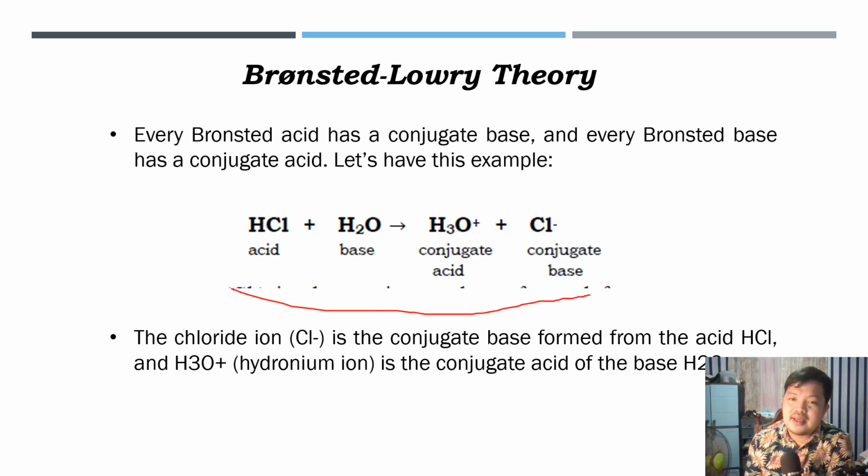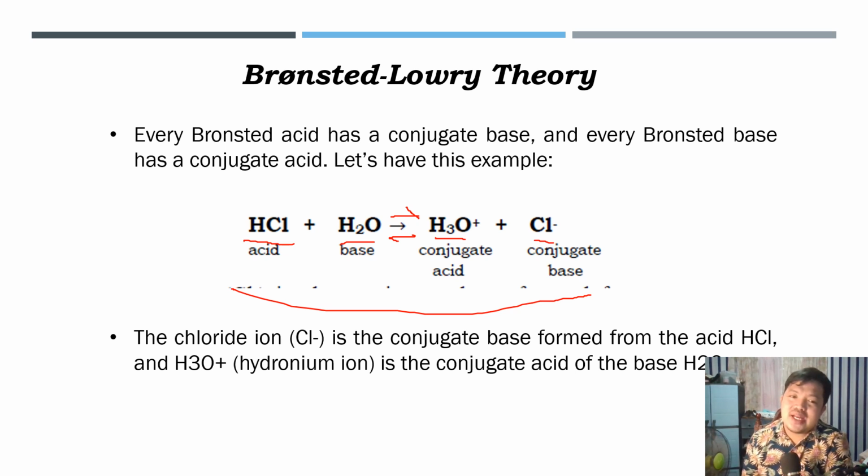Okay, so we have HCl or hydrochloric acid, plus H2O, which basically is water, will yield, ganyan yung arrow niya dapat, hindi isa lang na arrow, H3O plus or the hydronium ion plus the chloride ion. Now, let us try to identify what are these Bronsted acid, conjugate base, conjugate acids in here.